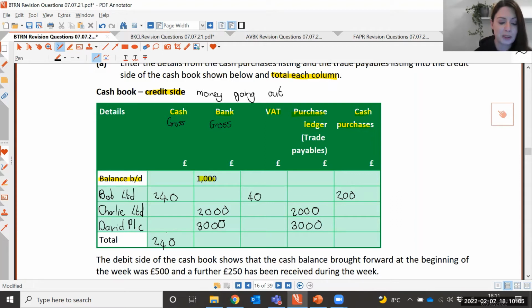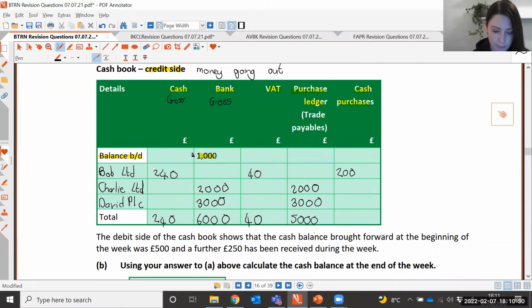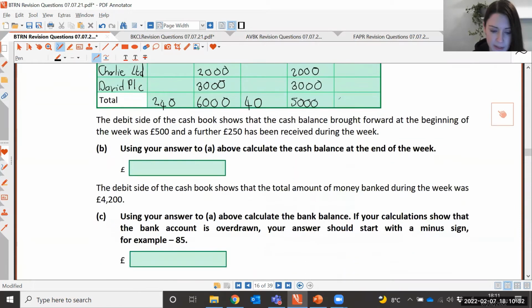Just watch with this one, because sometimes when it's got a pre-populated figure, so it's got the brought down of £1,000, sometimes students tend to miss that one. They'll total up the other numbers which they've put in themselves, and they'll just miss out the one that was already there. So just watch out for that. Just move that down.